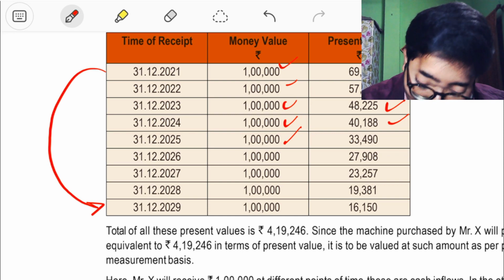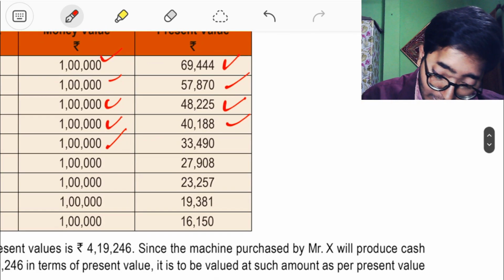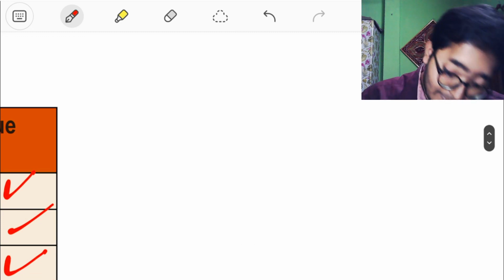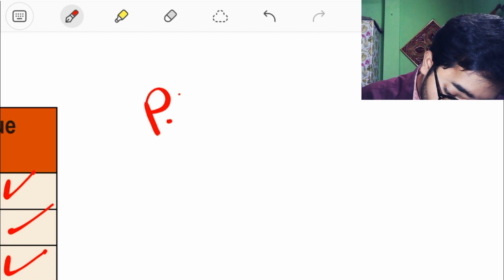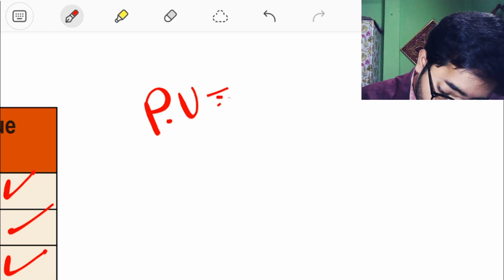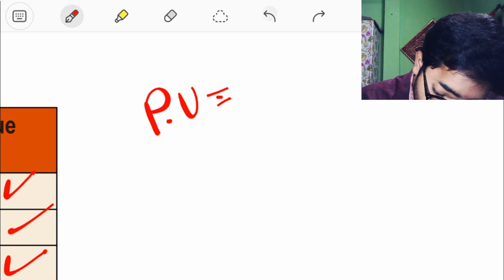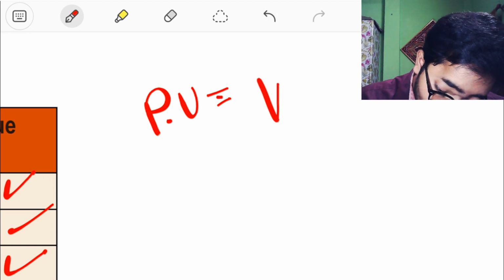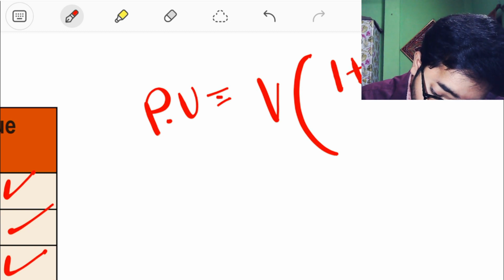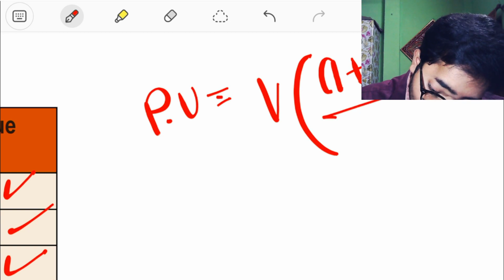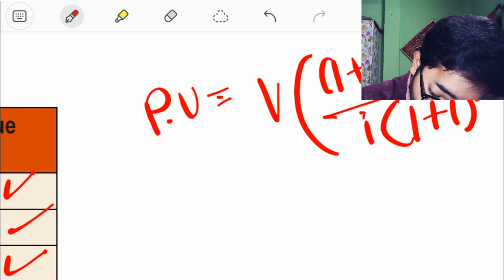So let us calculate this using our formula. The present value, or PV, equals the value into (1 plus I to the power n minus 1) divided by I into (1 plus I) to the power n.